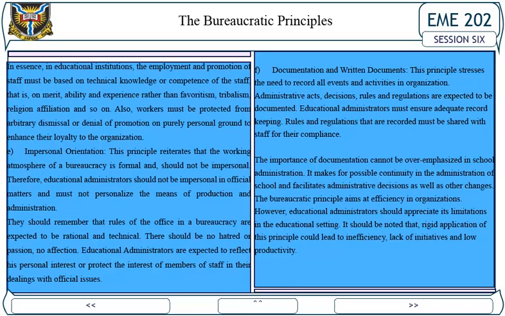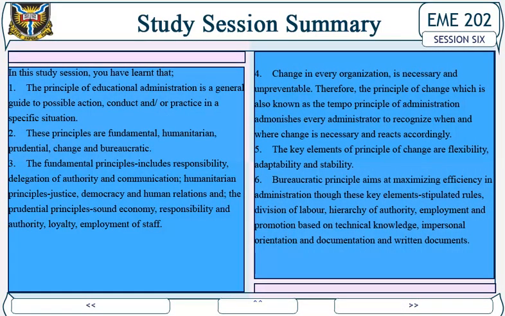An arrangement is made in such a way that each lower officer is under the control and supervision of a higher one. In other words, each higher officer is responsible for supervising and controlling a number or group of junior officers.